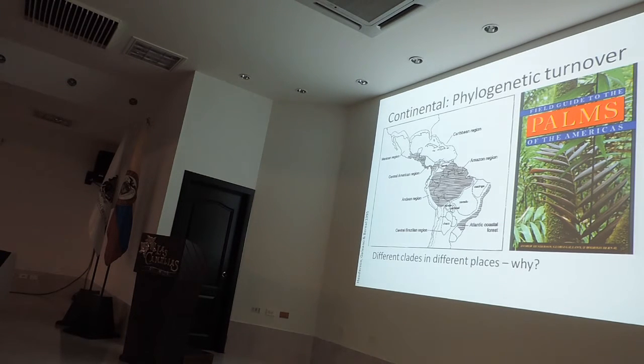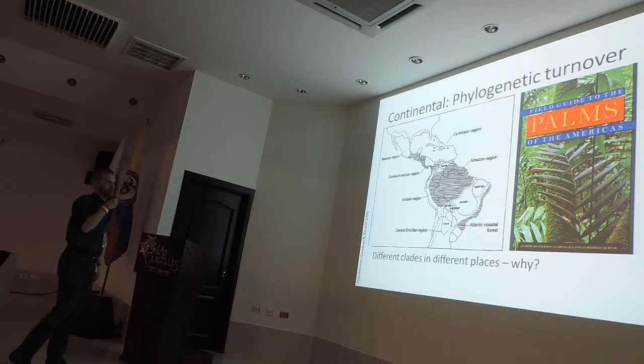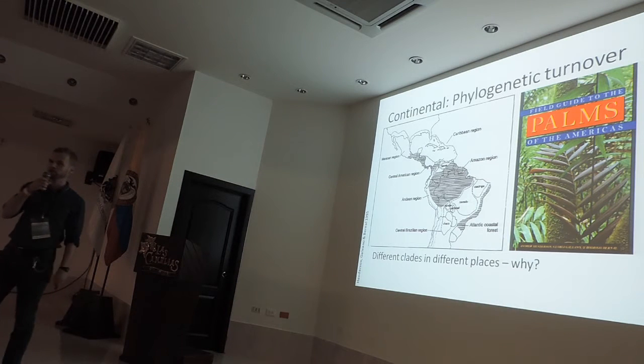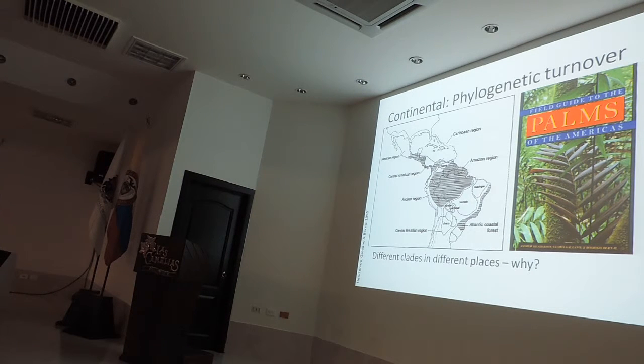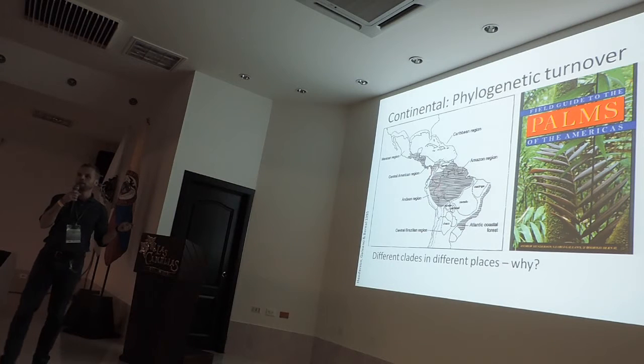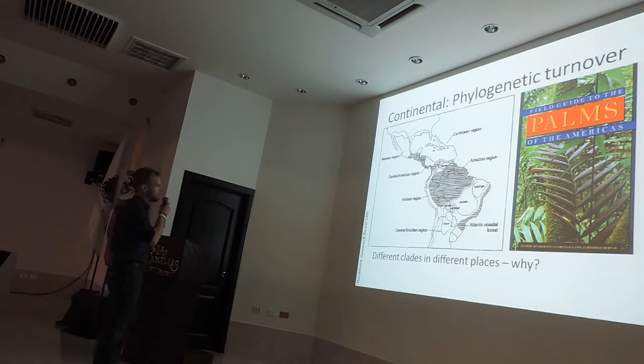I'm going to skip this. So, many of you have probably seen this map from Andrew Henderson and Gloria and Rodrigo's extremely useful field guide, where they defined, I think, 7 different palm regions in the Neotropics that are characterized by, I think mainly based on genera, but different lineages of palms that are restricted to those regions.